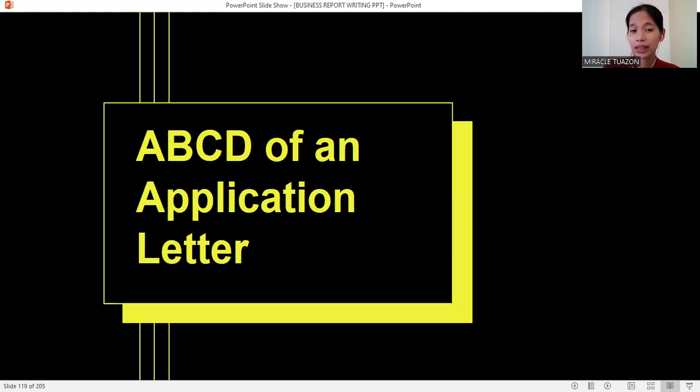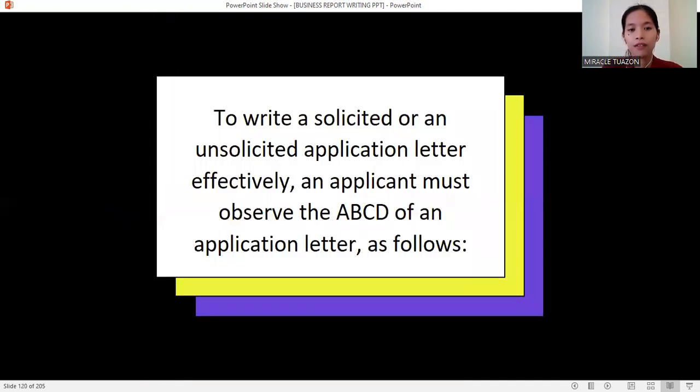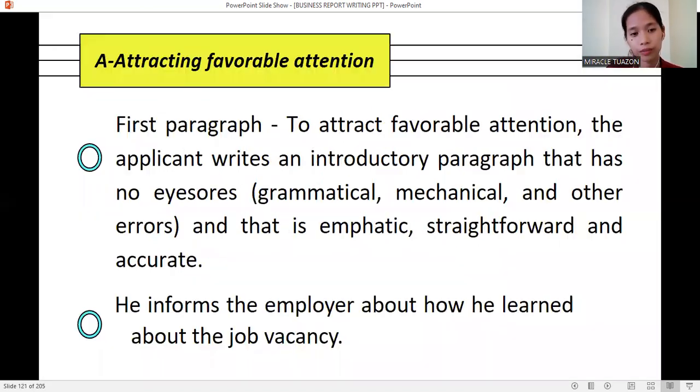Here are the ABCD of an application letter. First, to write a solicited or an unsolicited application letter effectively, you must follow and observe the ABCD of an application letter. So A, we have attracting favorable attention.